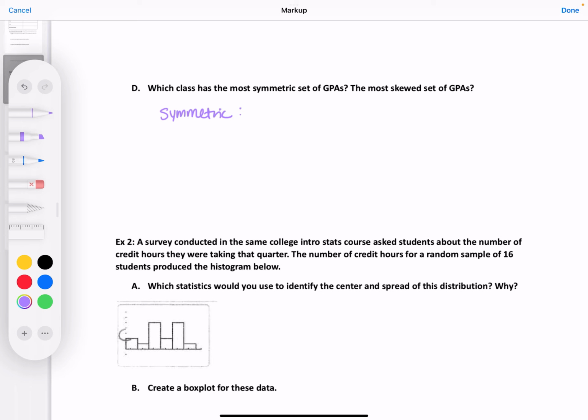So the seniors, because it's pretty even on both sides, the juniors is a little bit off on one side. Not by a lot, but the seniors is more so. So the seniors, and then how about the most skewed? Yep. And what direction is it skewed? I looked at it the right way this time.